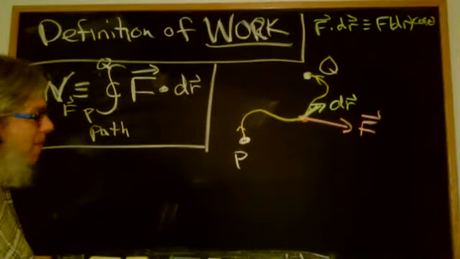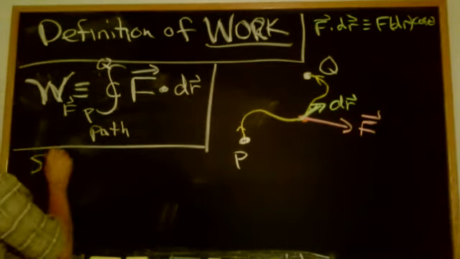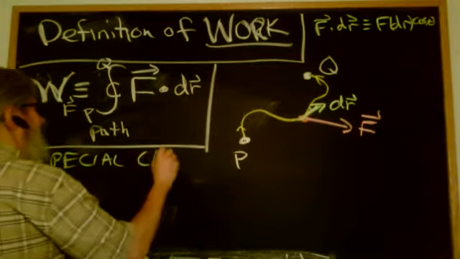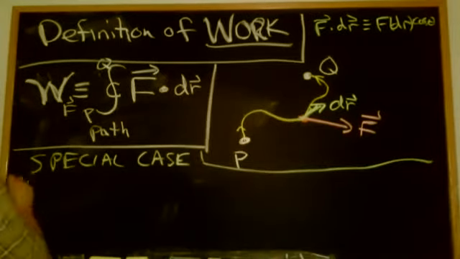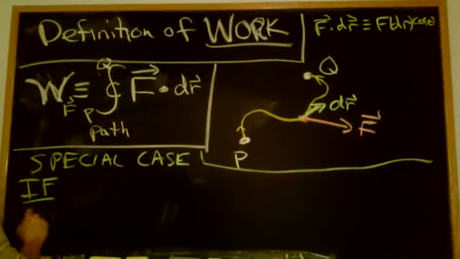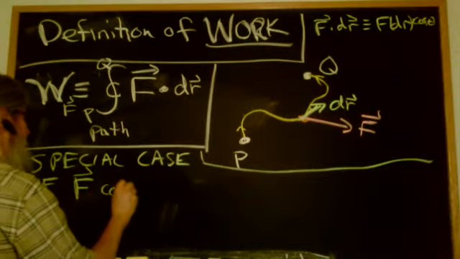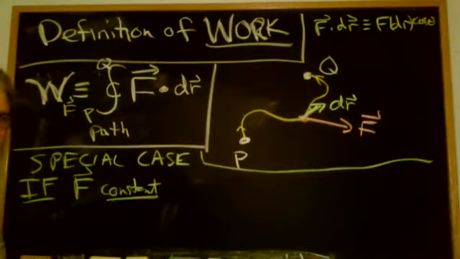But for now, I will just basically assert without proof a special case, which applies to a lot of situations. If the force is constant, which is to say unchanging as a function of both time and space.